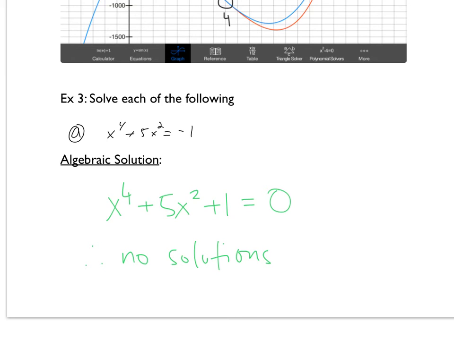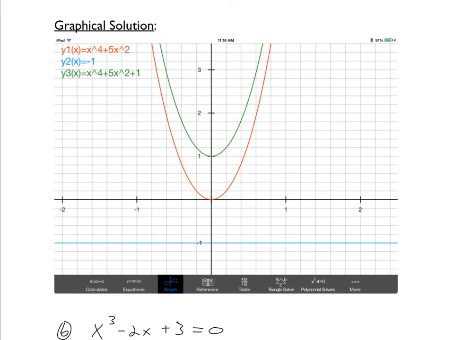Okay, let's look at what's happening graphically. So here is your left-hand side of that original function, and here's your right-hand side. So we're trying to figure out where the red function will intersect the blue function. And because they never intersect, there are no solutions. Then we took the green function, set it equal to 0, so we brought everything to the left.